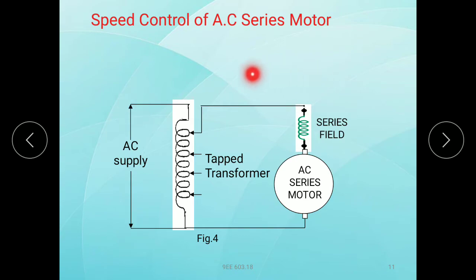So for this AC series motor, how can we control the speed?